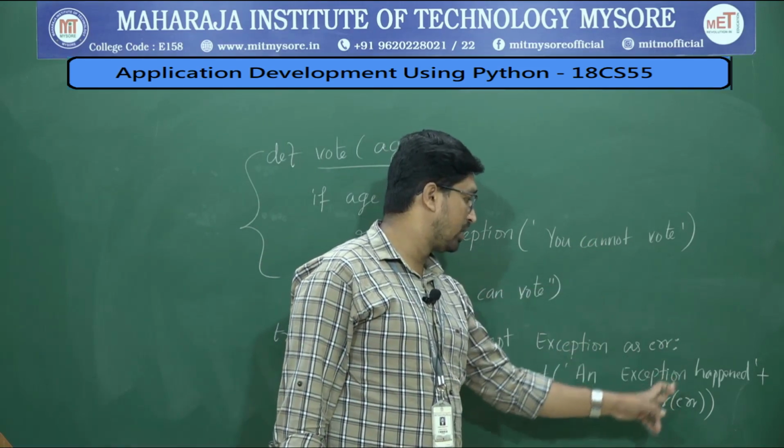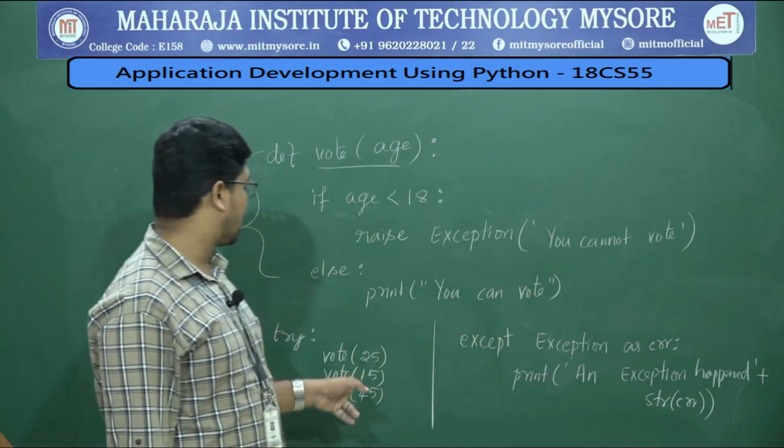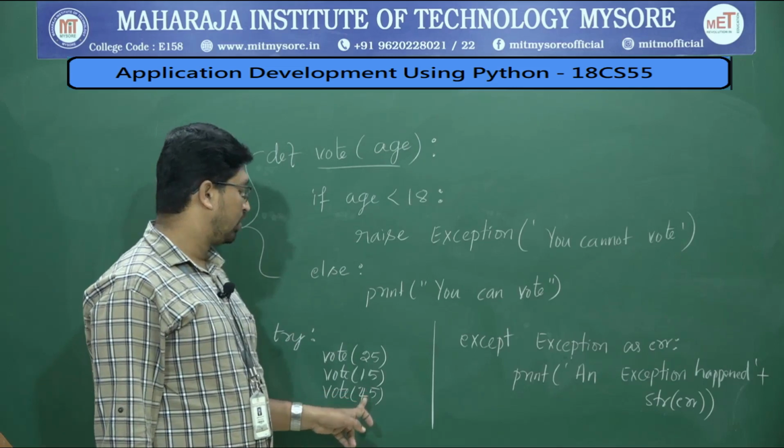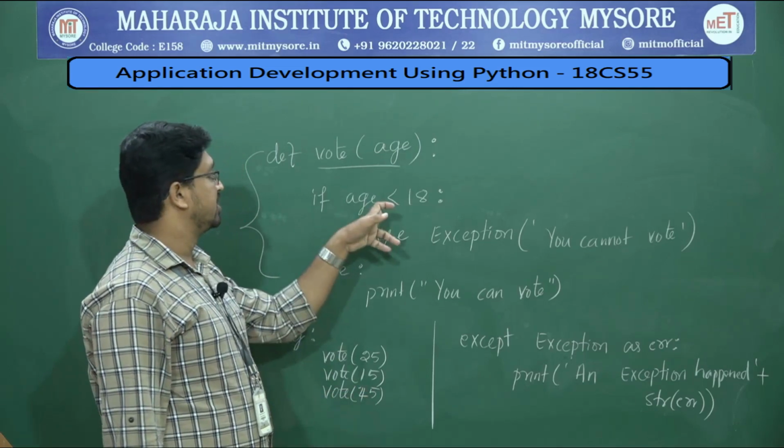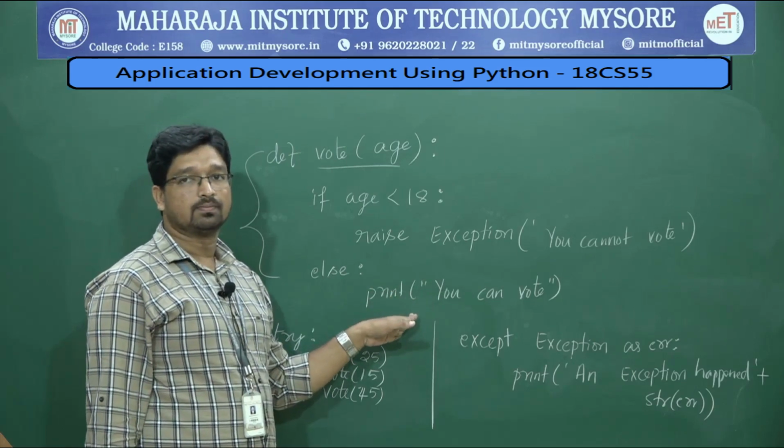So: an exception happened, you cannot vote. Again execution will come back to the next statement, vote of 45. 45 is not less than 18, so it will go to the else block, you can vote.